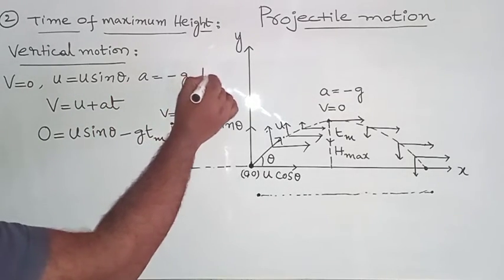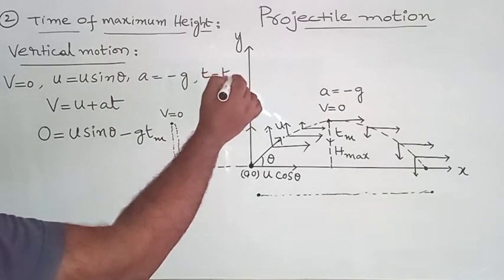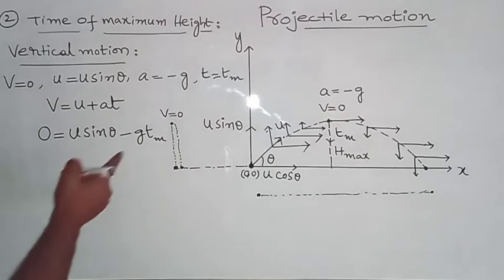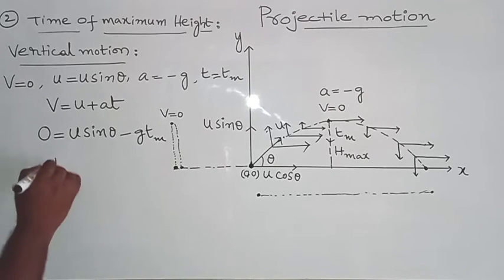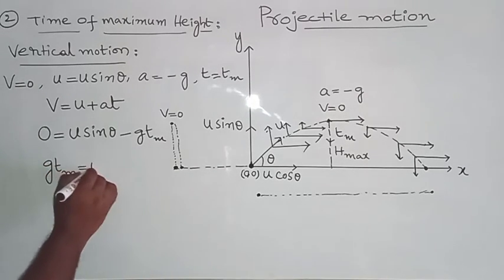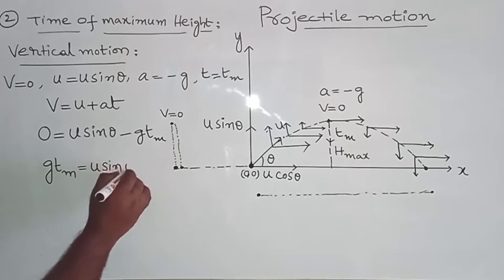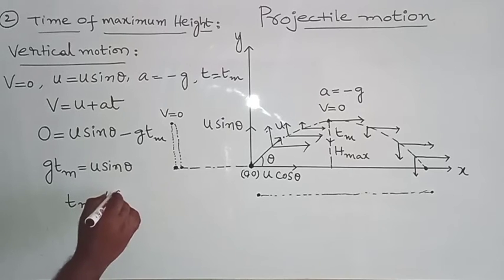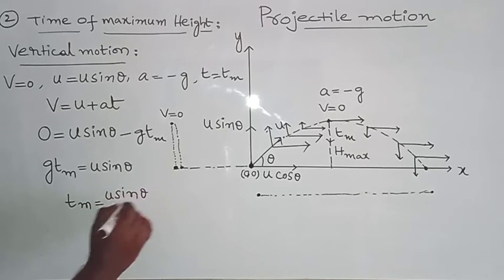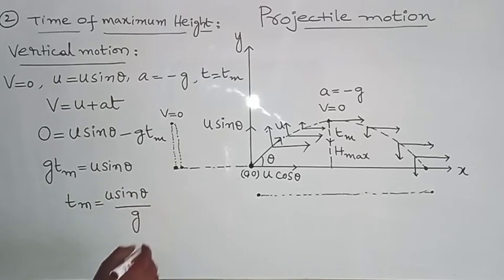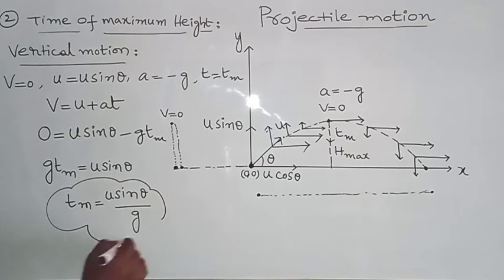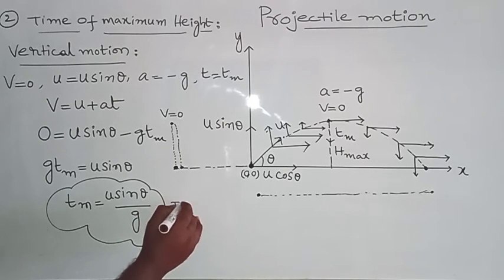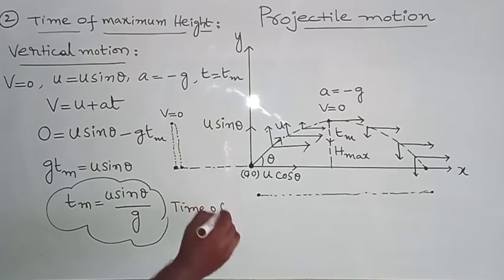Here T is Tm. Now move this term to this side, G Tm is equal to u sin theta. Take the Tm value, u sin theta upon G. This is the formula for the time of maximum height.